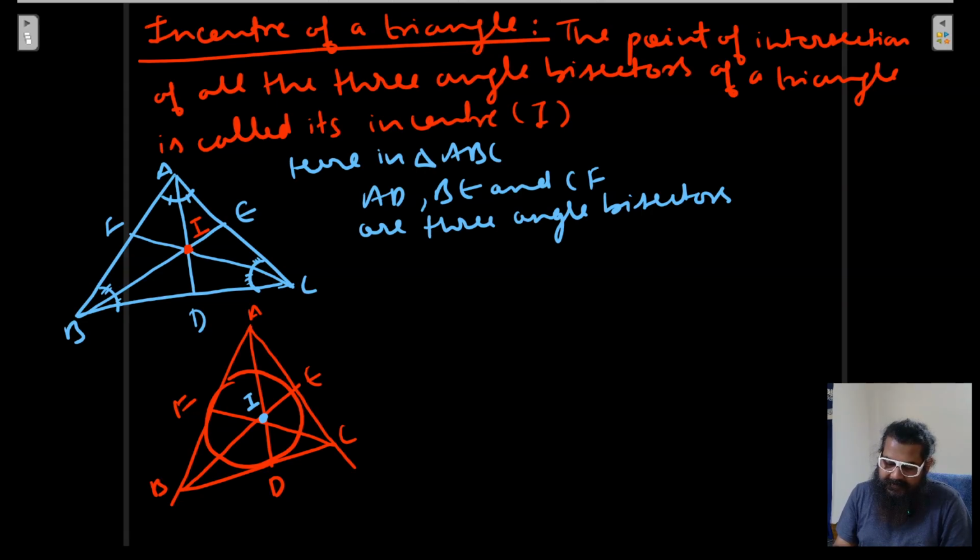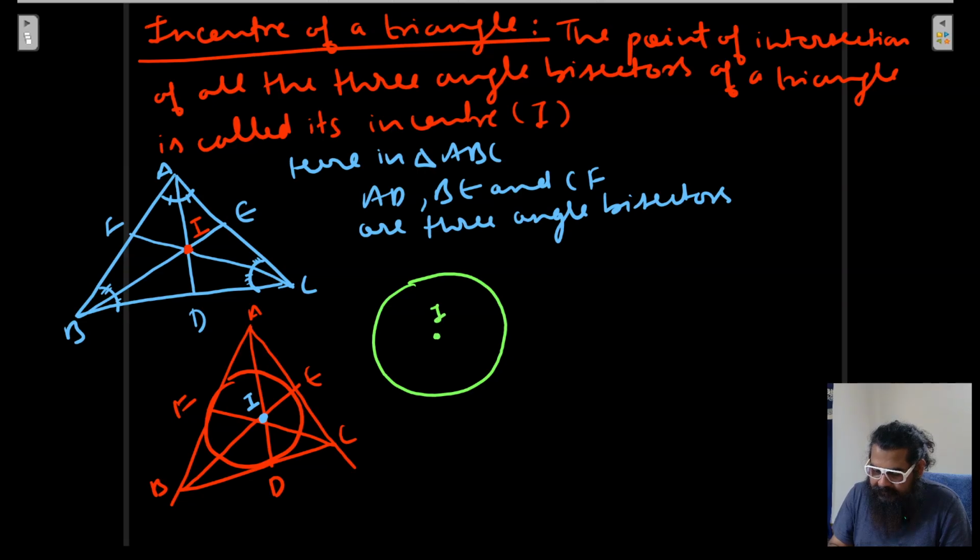Now if you see the distances from I to D, I to E and I to F, you can clearly see that these are the radius of this circle.